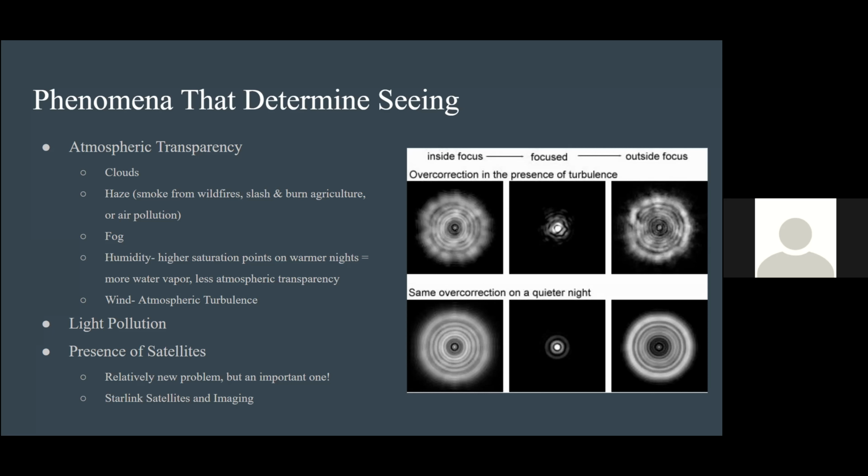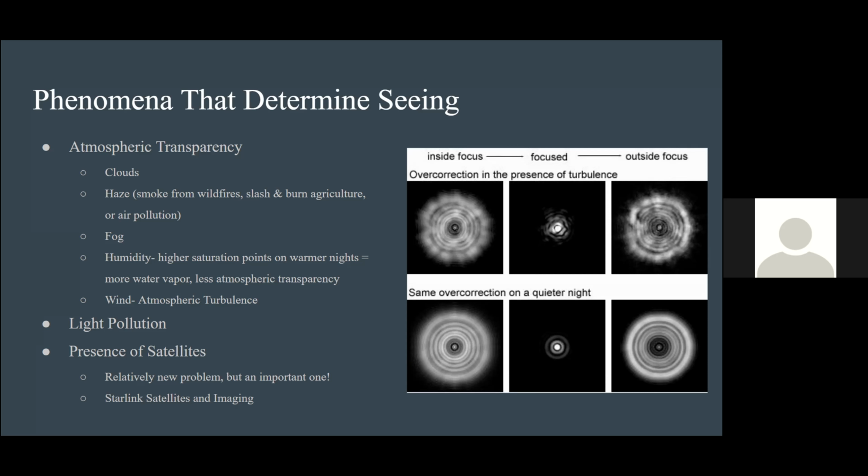So the picture on the right is an example that showcases turbulence. The top is basically overcorrection in the presence of turbulence. You can see how unequal the focus is, so wavy and odd.